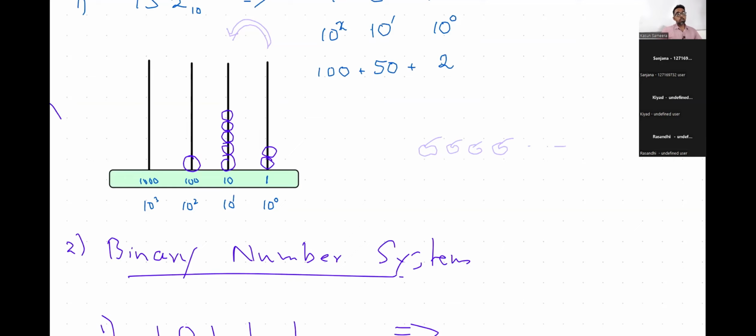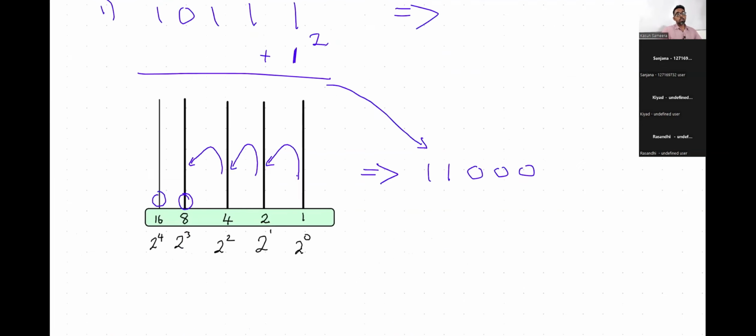Similarly, 2 circles here means 2 ones equal to 1 in the 2 position. 2 times 2, 4. 4 times 2, 8. 8 times 2, 16. Got it? Right.